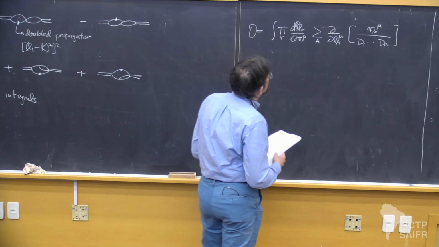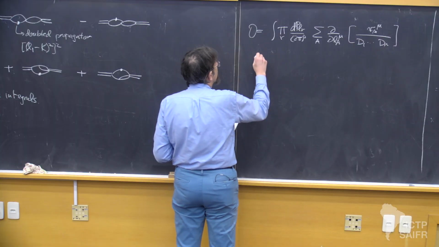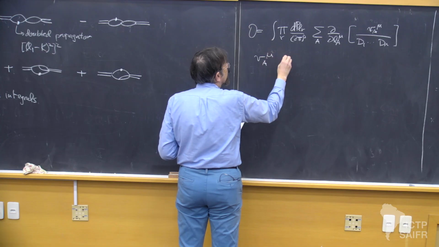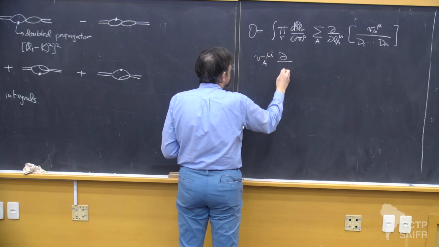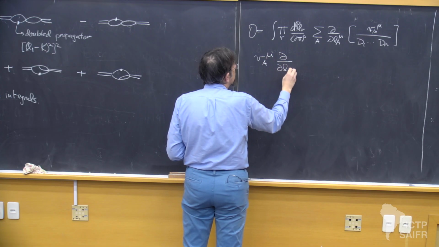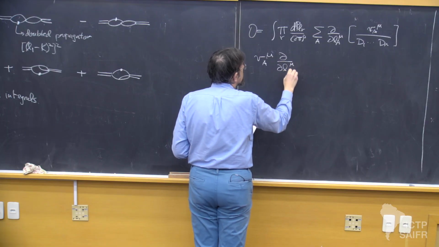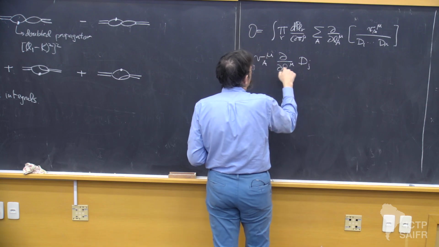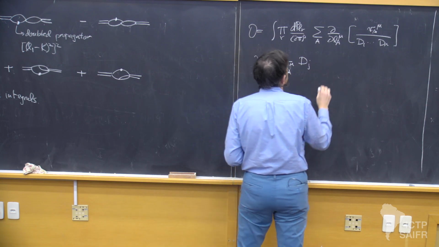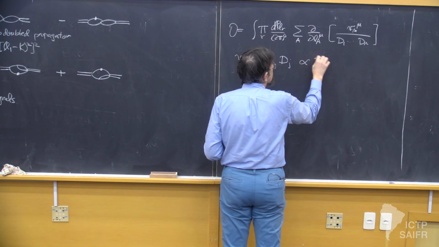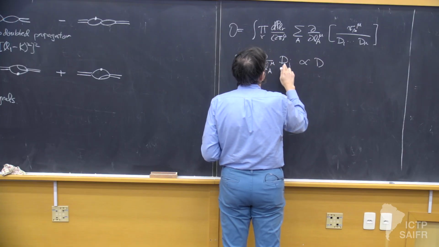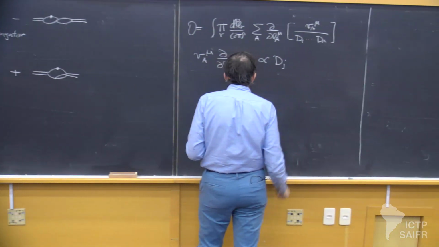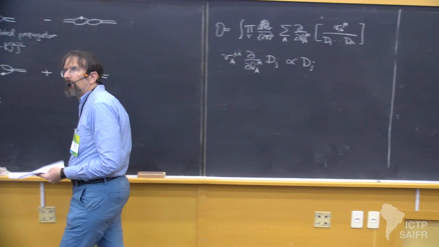And so what can we do? Suppose that we were able to find some special choice of V_A so that this equation was to hold. There's a summation here over the Lorentz index, of course, and also over the A index. So let's suppose that when you act with the derivative on the denominator and then contract into the vector, you always get something that is proportional to the denominator, for all the different denominators.